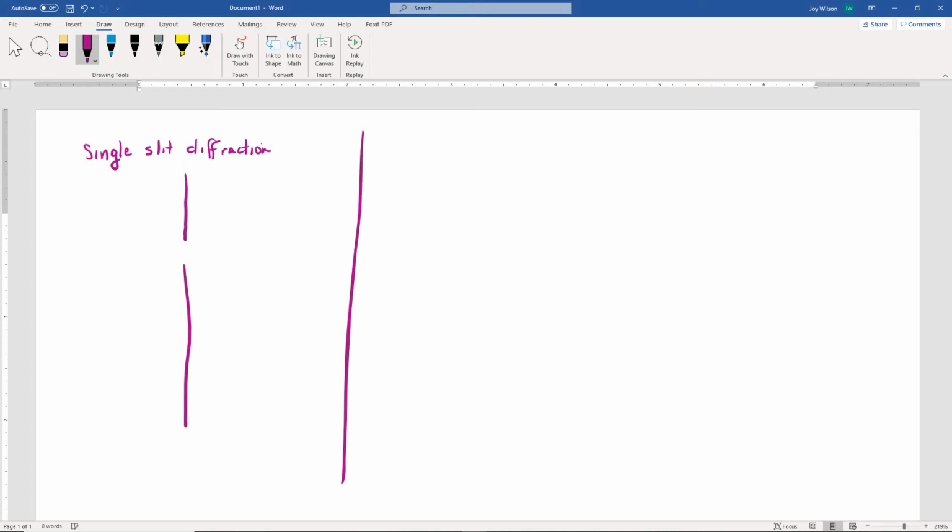So we have a single slit, and our slit width is going to be, I'm going to use a W to represent that.